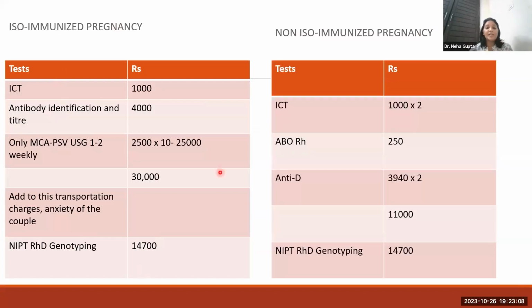Similarly, in non-isoimmunized pregnancy, the cost of doing ICT, blood grouping, and anti-D prophylaxis is somewhere around 11,000, in comparison to the cost of doing this NIPT RhD genotyping. So what I think is that it's a very good test that should be offered to isoimmunized pregnancy, because that helps us in guiding the management.